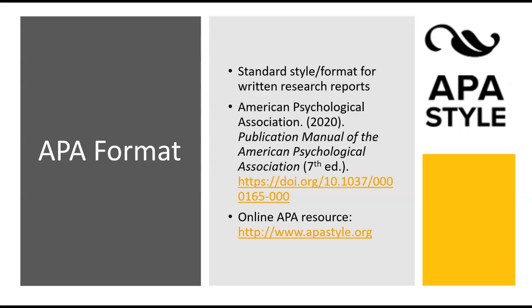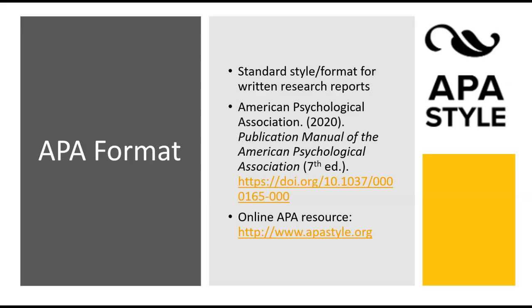Even if you don't invest in the manual itself, the APA provides a wide range of documentation. I know some of you are familiar with going to the Purdue OWL site. They are still in the process of updating their materials for APA style to the 7th edition, so there are some spotty errors.